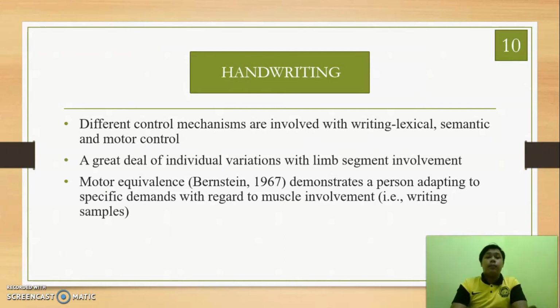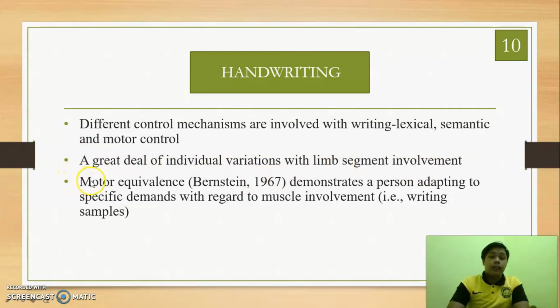The next slide is about handwriting. Handwriting involves different control mechanisms and is involved with writing, lexical, semantic, and motor control. The second point is a great deal of individual variation with limb segment involvement.